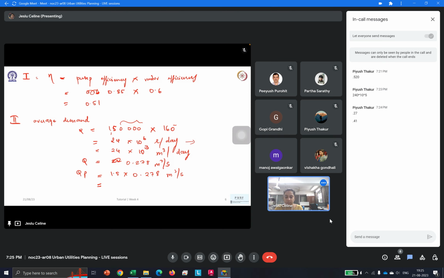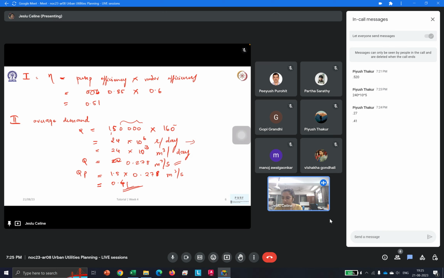So we can write it as 0.41. I think some value I took as 0.78, so maybe because of that I'm getting 0.41. So both are around correct. Yeah, 0.41. So peak value and Q value both we have got.